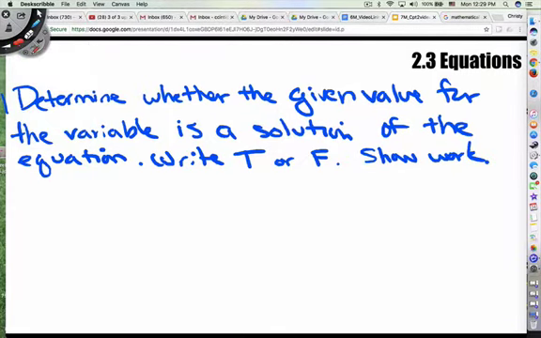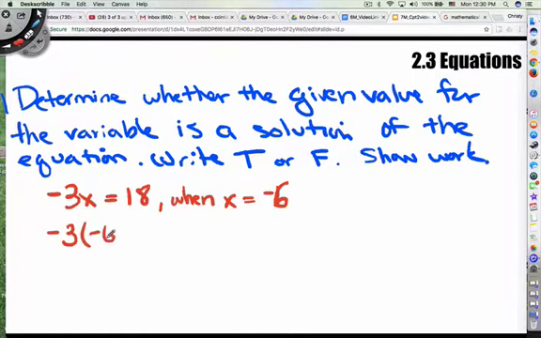What we're looking at is, let's say, negative 3x equals 18 when x is equal to negative 6. What you would do is plug it in. Negative 3 times negative 6 is equal to 18, question mark.